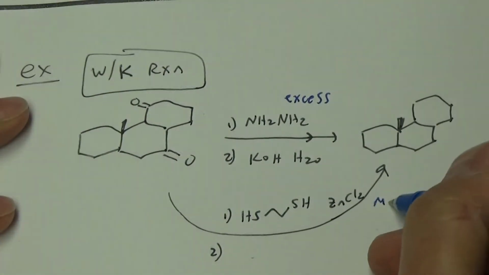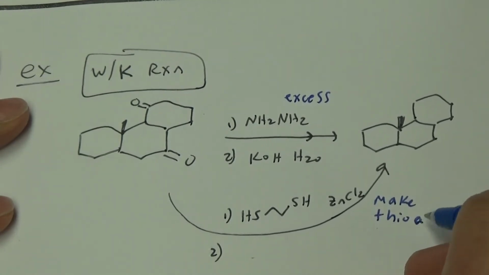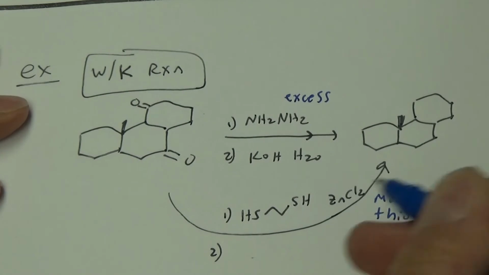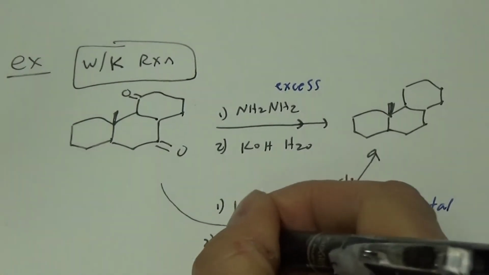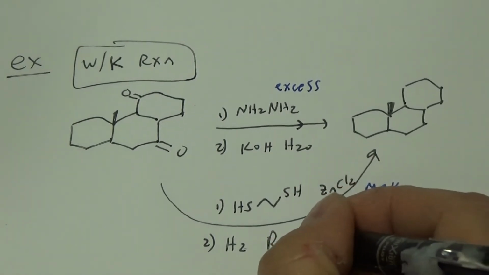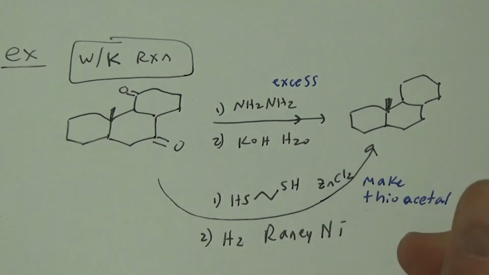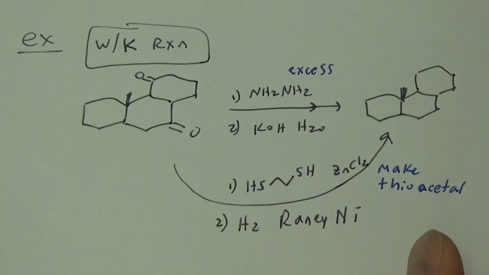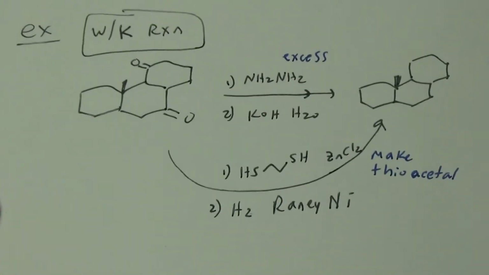Make thioacetal, a couple sections ago. And then we had a magic way to wipe off thioacetals. It was H2 and something, right? Not palladium, it was Raney nickel. So Raney nickel is a formulation of nickel that does this reaction. Okay? Cool. Alright, so that's a cool example of the Wolff-Kishner reaction.